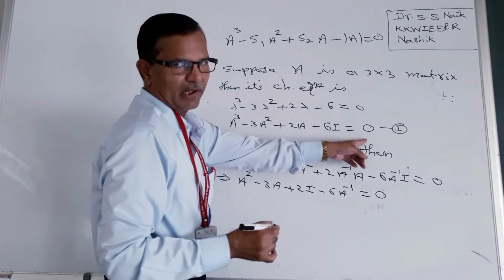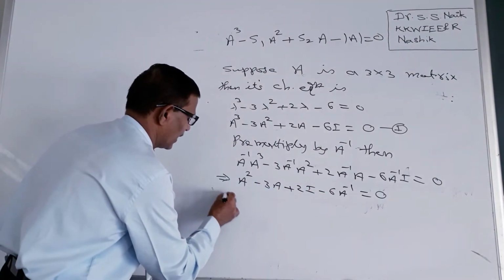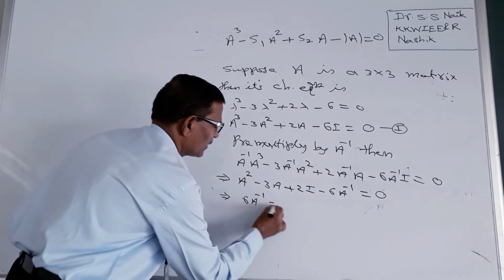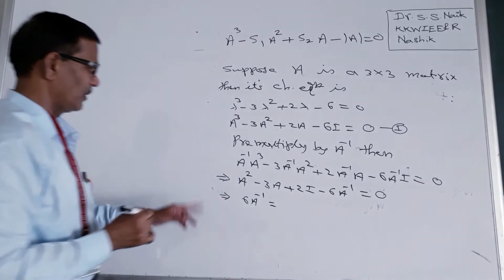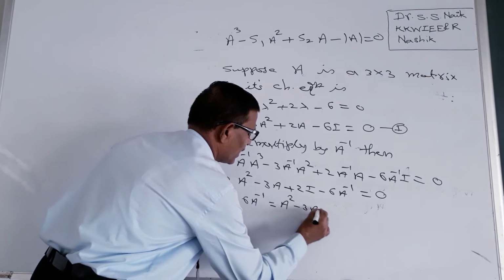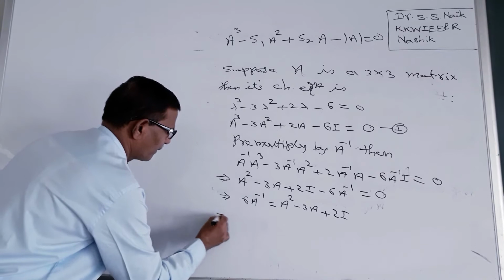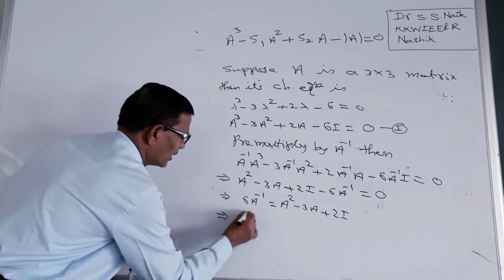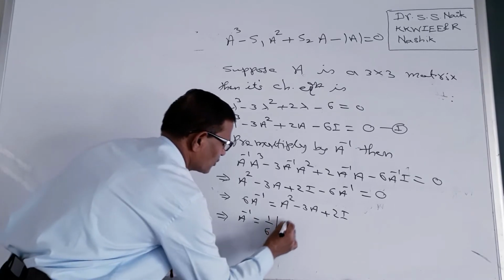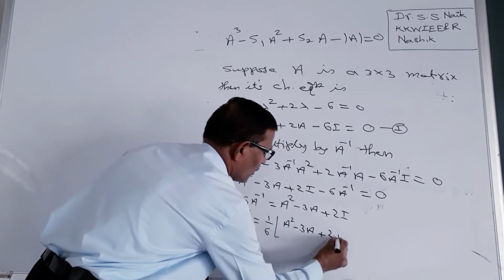Now this is a null matrix on the right hand side. So from this you can see that 6 A inverse is equal to A square minus 3A plus 2I. This implies that A inverse is equal to 1/6 of A square minus 3A plus 2I.